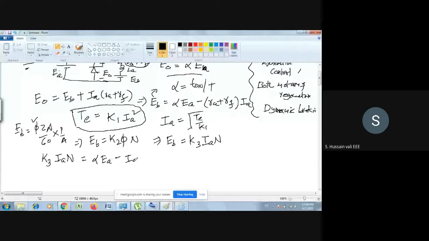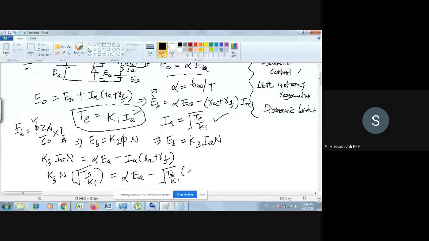Then we can write K3 into N into IA, using the equation IA equal to square root of TE by K1, equal to alpha EA minus square root of TE by K1 into RA plus RF. You can write like this.